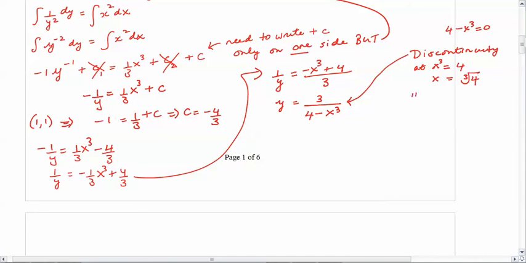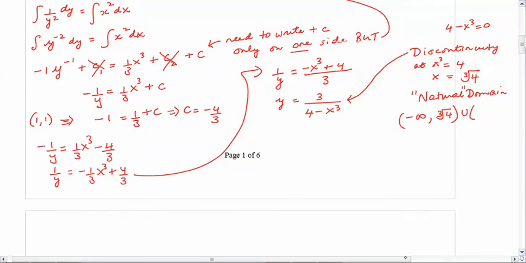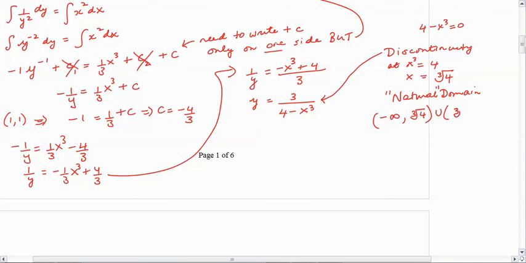So then what I'm going to call the natural domain for y. In other words, if you were just given y equals this function and I asked you for your domain, you'd say, oh, it goes from negative infinity to the cube root of 4 union cube root of 4 to positive infinity, because there's a discontinuity at the cube root of 4.